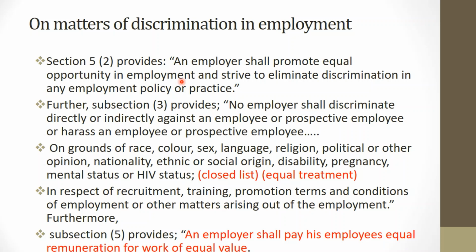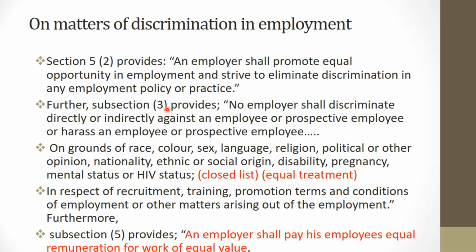Now, as you can see from this slide, this was section 5.2 and this is section 5.3b. And so also when it comes to matters of promotion, you must be accorded equal opportunity. That aside, focusing on subsection 3, your employer must not discriminate against you directly or indirectly.